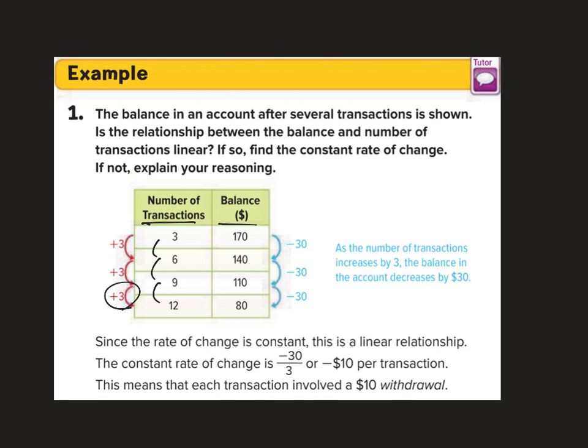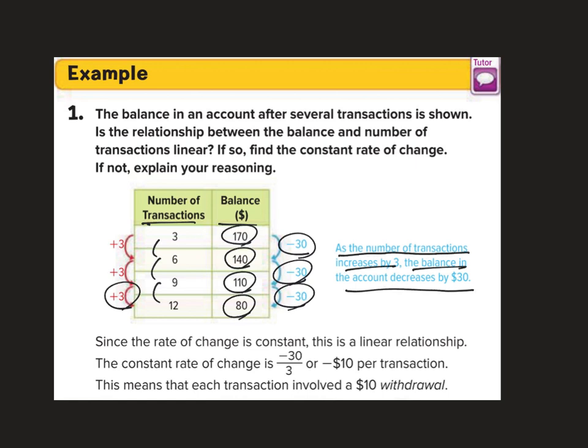And as far as our balance column, we start out at 170, then we go to 140, down to 110, and down to 80. So that is actually a change of negative 30 in each of those cases. As the number of transactions increases by 3, the balance in the account decreases by 30. So we've got a 3 to 30 relationship there that's constant in both cases.